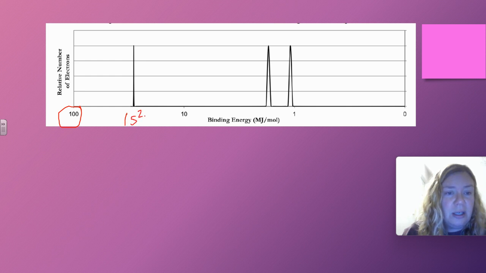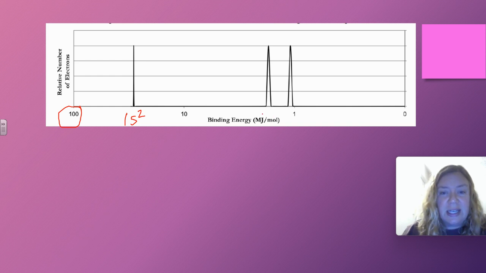Here we have a 1s2, and we know it's 2 because there are more peaks after the 1s. Therefore we know that the 1s is filled. Now we go on to another energy level.